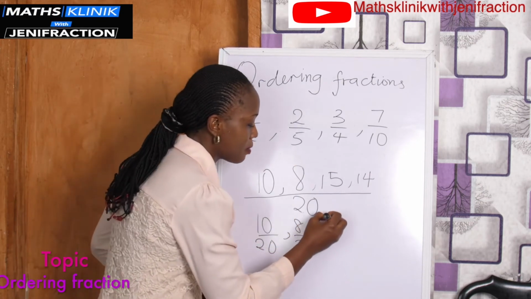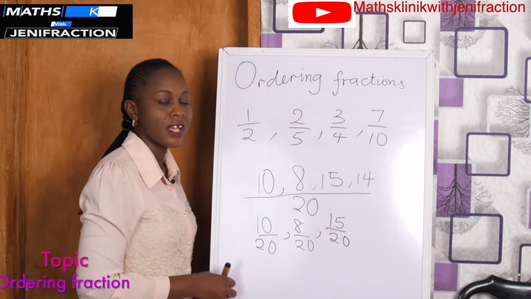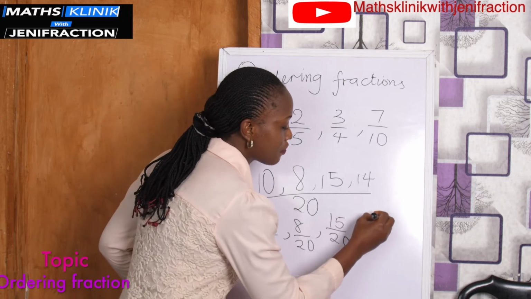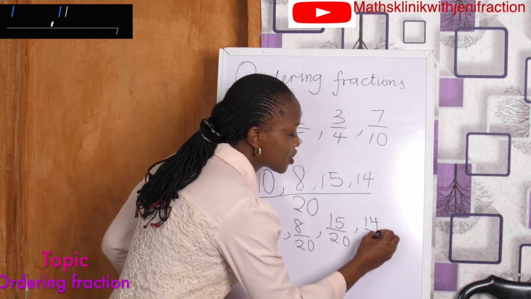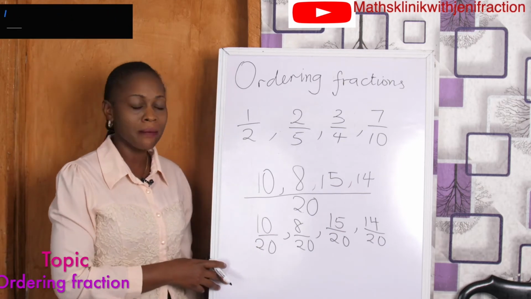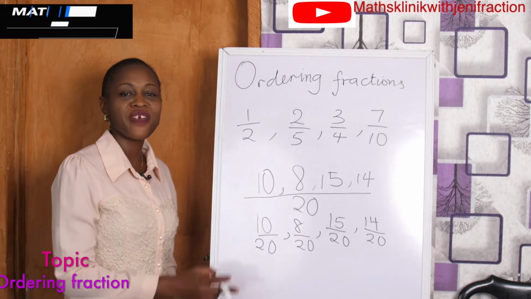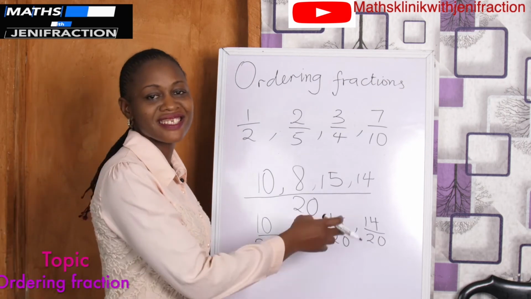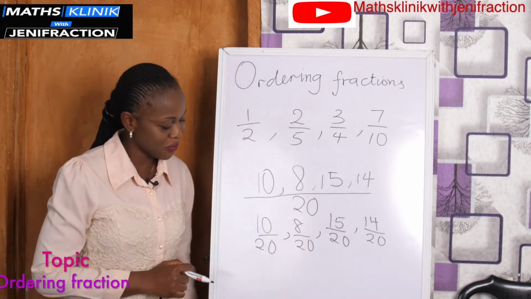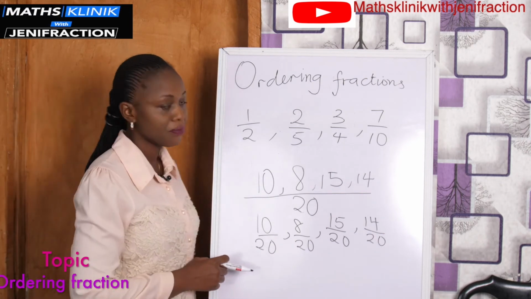The next becomes 15 over 20. And the last becomes 14 over 20. You can see we've expressed them in the same denominator, so we can arrange our fractions.